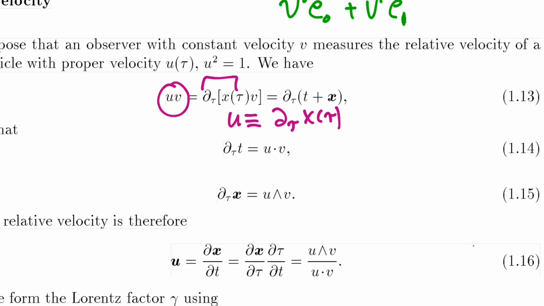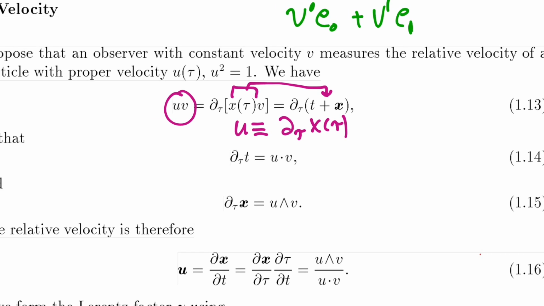And then they take this idea that we know how the geometric product of x with a velocity is. We know that gives you t, the coordinate time, plus this relative vector.